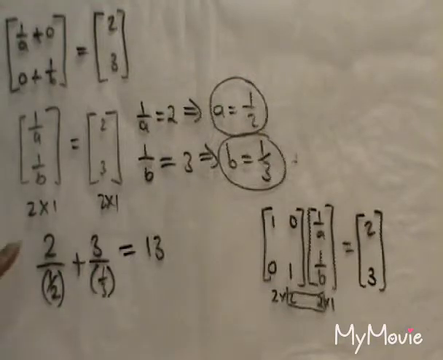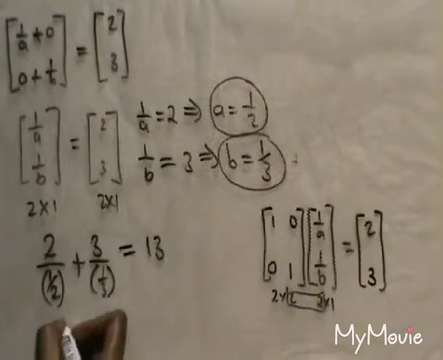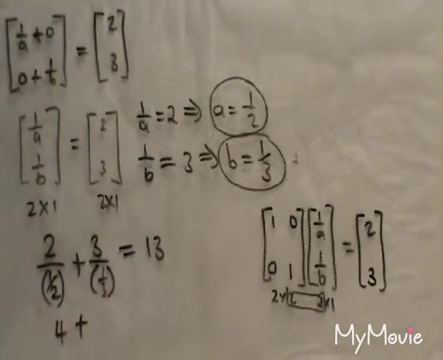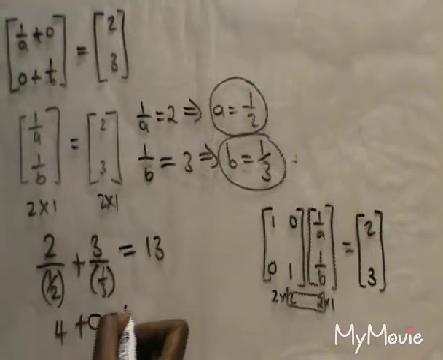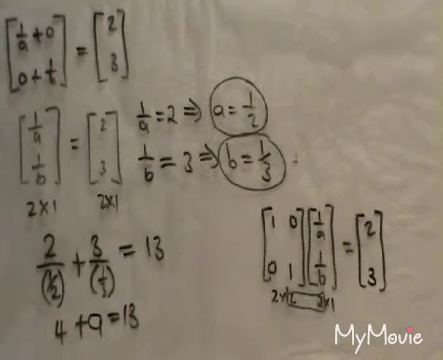So 2 divided by a half is 4, and then 3 divided by a third is 9. Then I have 4 plus 9, this is equal to 13. So my first equation is satisfied by A being half and B being 1/3.